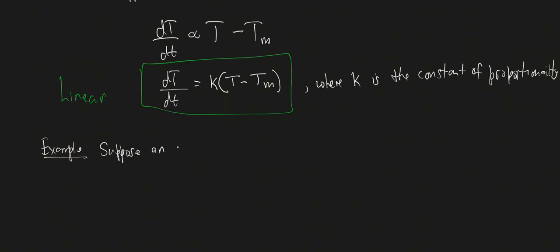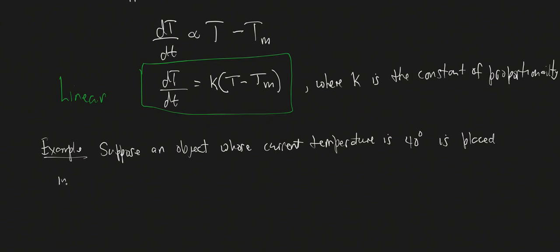So suppose an object whose current temperature is, let's say, 40 degrees, is placed into an oven whose temperature is maintained at let's say 300 degrees.